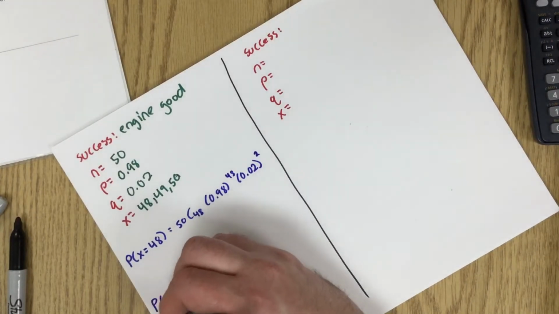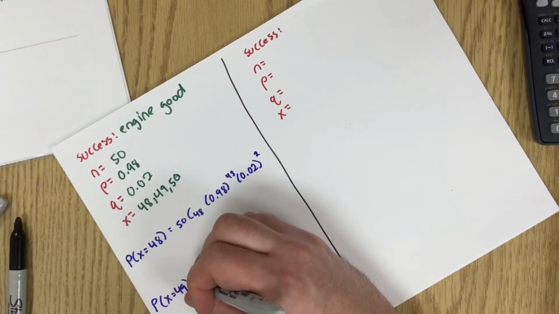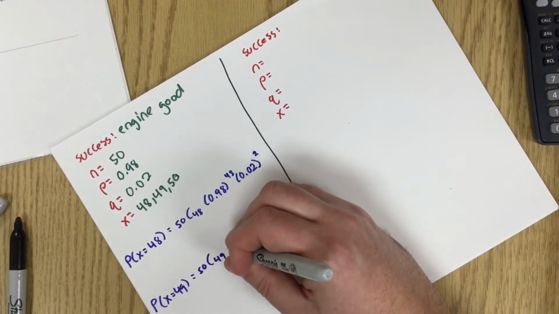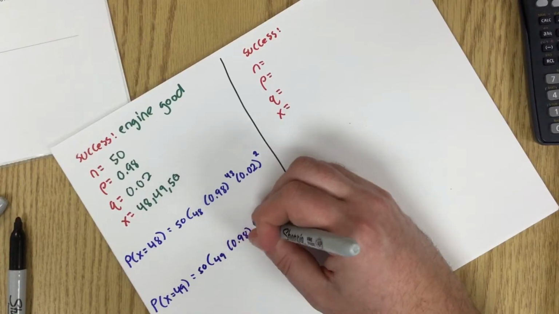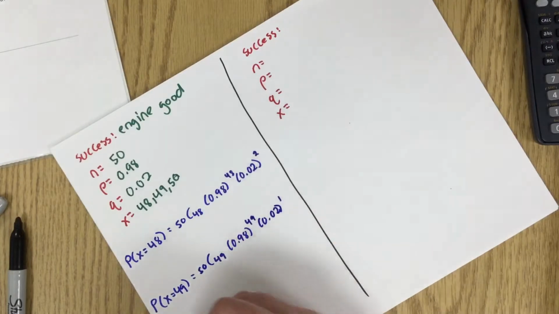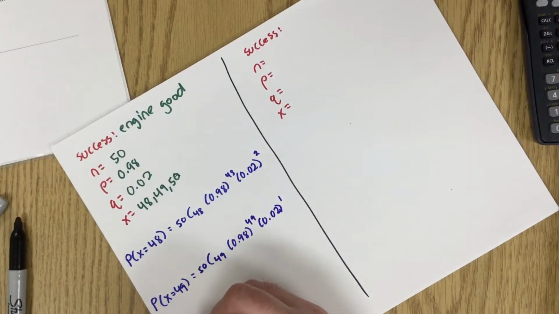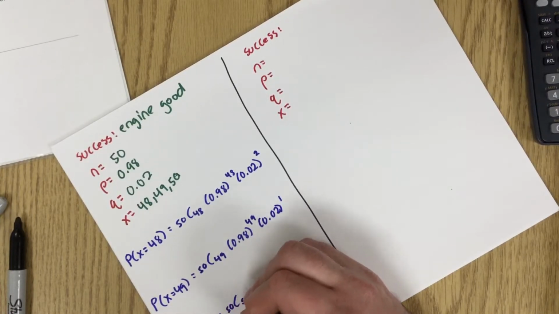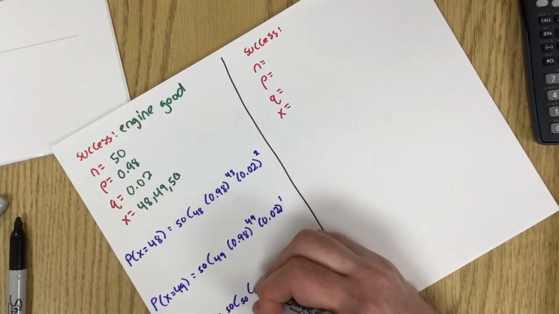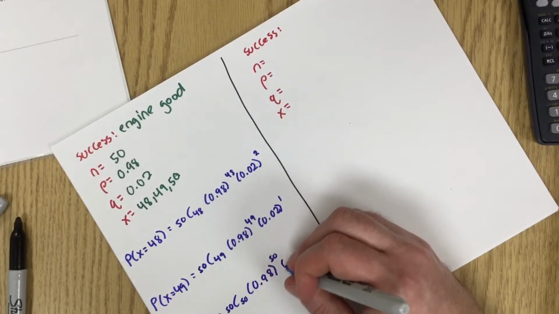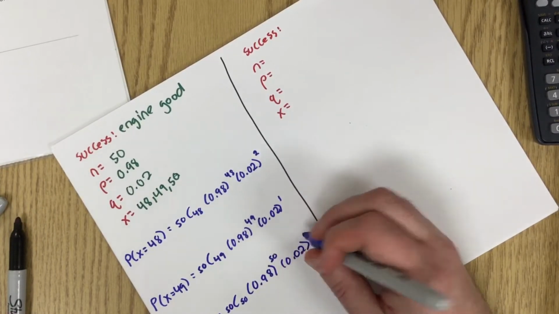We're going to have the probability that x equals 49, which is going to be 50 choose 49, 0.98 to the 49, 0.02 to the 1. We're going to have the probability that x equals 50, and that's going to be 50 choose 50, which is just 1, by the way, 0.98 to the 50, and 0.02 to the 0, which is also 1.